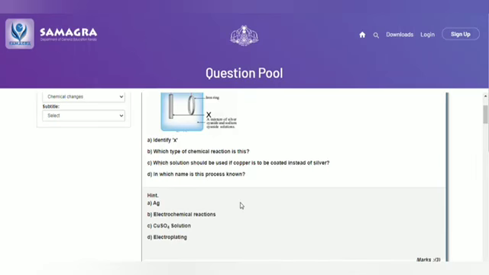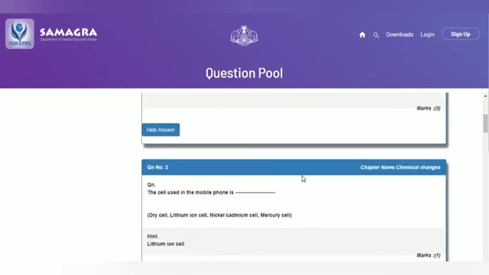The solution is a mixture of silver cyanide and sodium cyanide solution. So the chemical reaction is electrochemical, and if copper is to be coated instead of silver, the solution is copper sulfate solution. The process is known as electroplating.